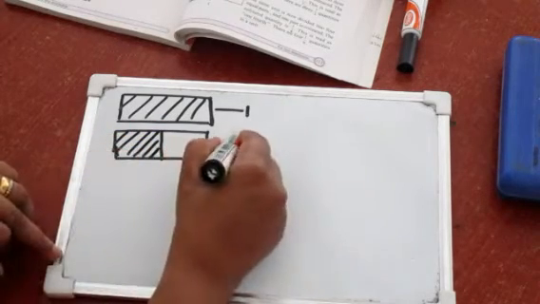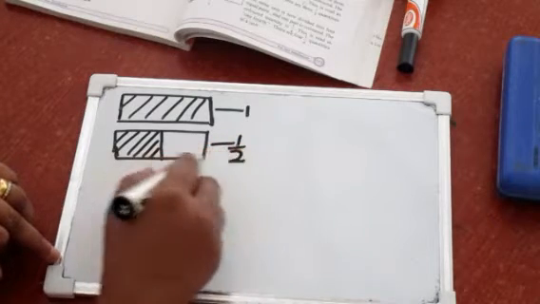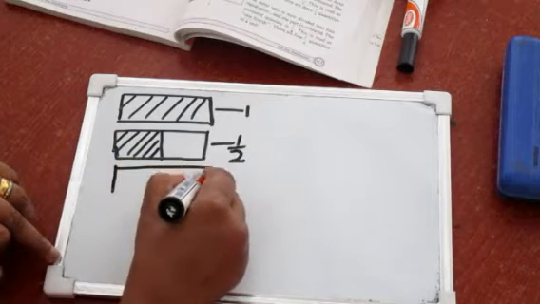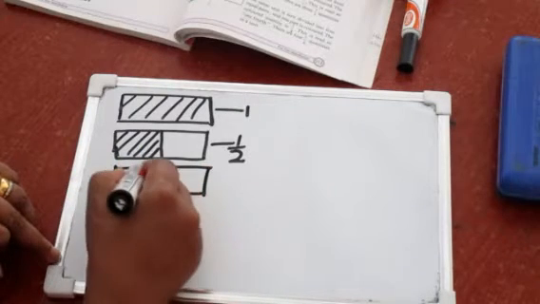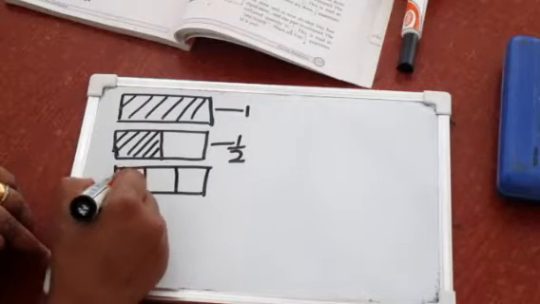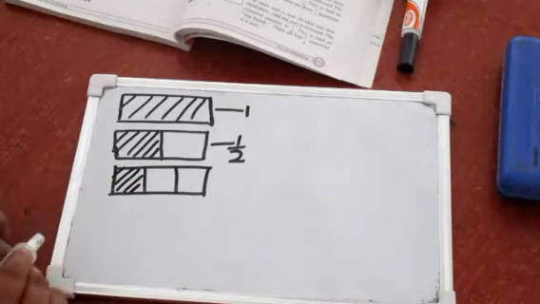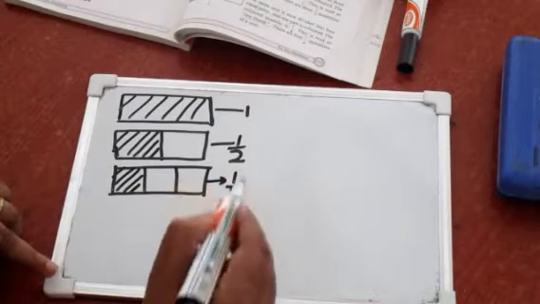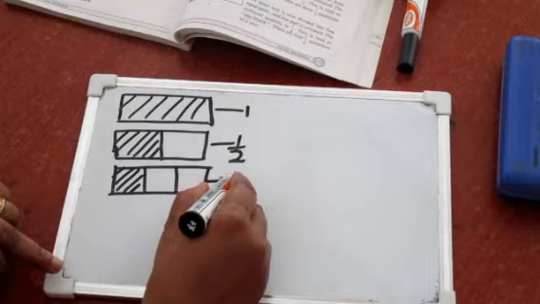Then the colored portion is 1/2. We write this in this way, and I am going to divide the same quantity into three equal parts. Then I am going to color 1 out of 3. Then the colored quantity we can write as a fraction in this way, and we read this as 1/3.